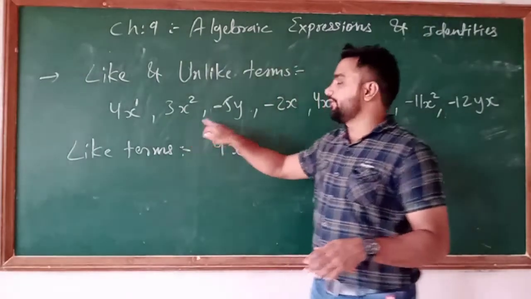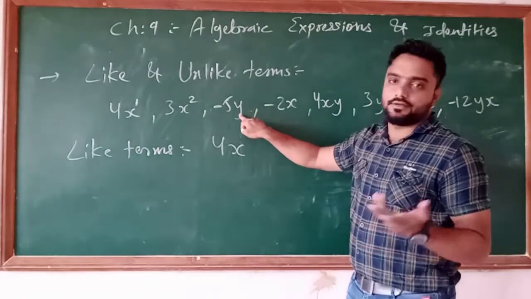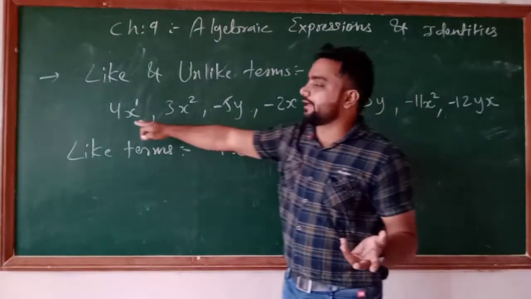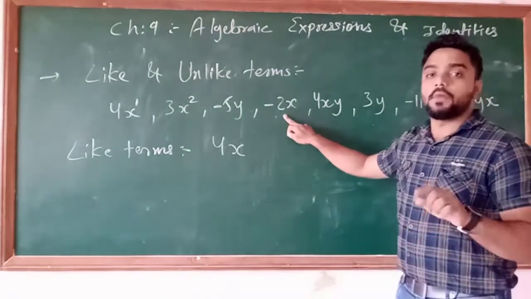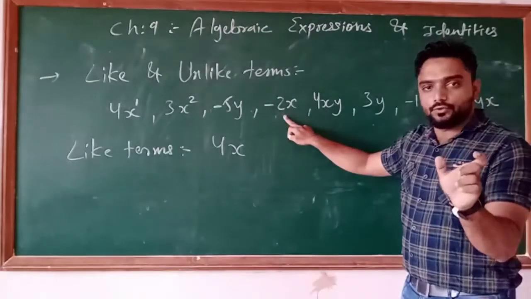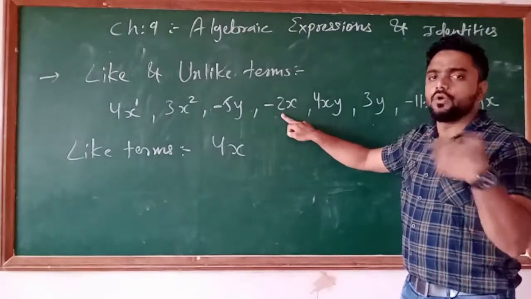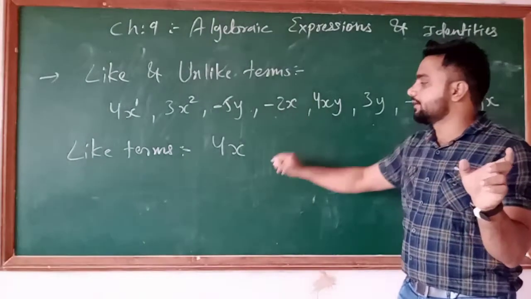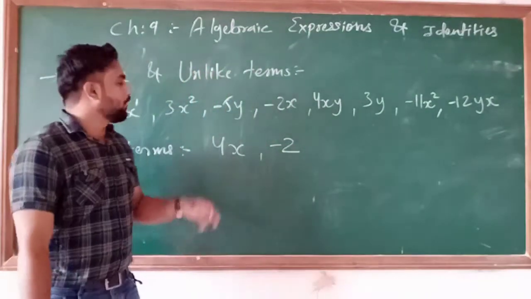So proceeding further, -5y. So just see here y different variable and here x, both are different variables, तो वो आएगा ही नहीं. Now next one is -2x. So here just see, as I told you, don't think about the known term, understand or not? वो कुछ भी हो सकता है. So here it is -2, but you have to think about the variable.